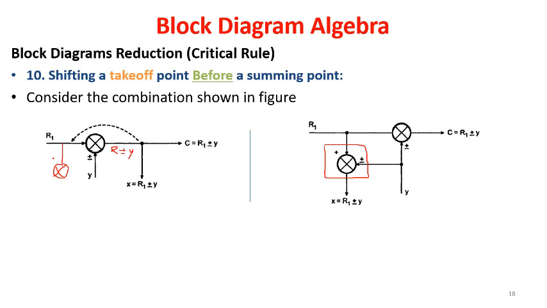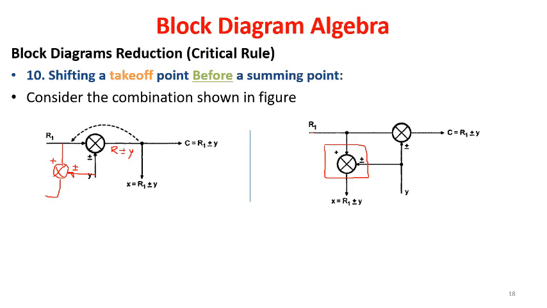So here it will be having plus, and the signal has to be tapped from here, and the same signal has to be given, that is plus or minus, no change in sign. And you can take away the signal from here.